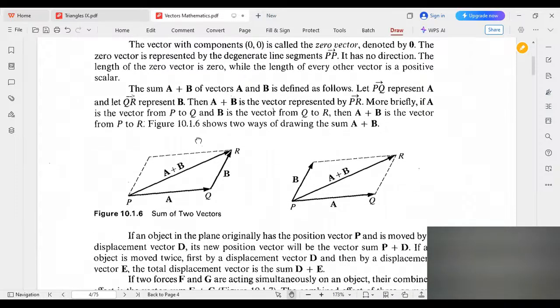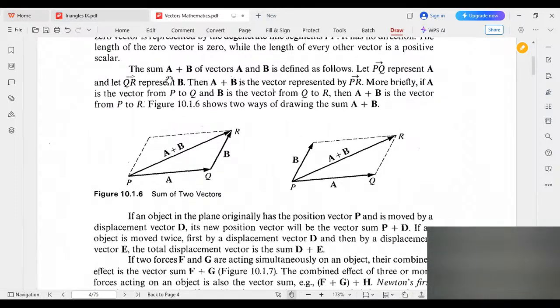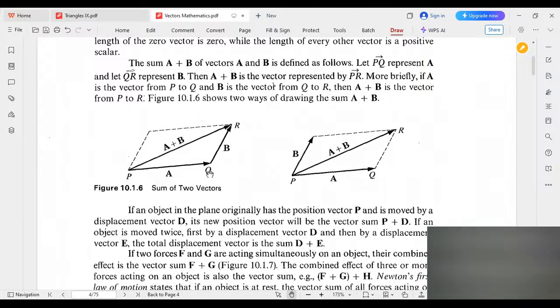So let's discuss vector A plus vector B. A plus B is defined as follows. Let PQ represent A and let QR represent B, then A plus B is the vector represented by PR.